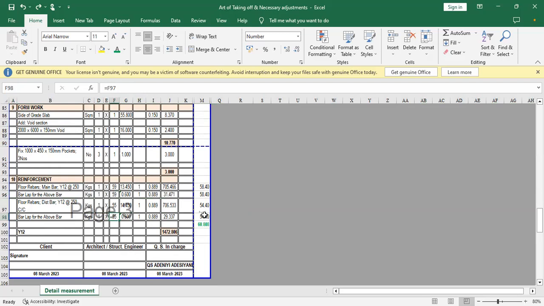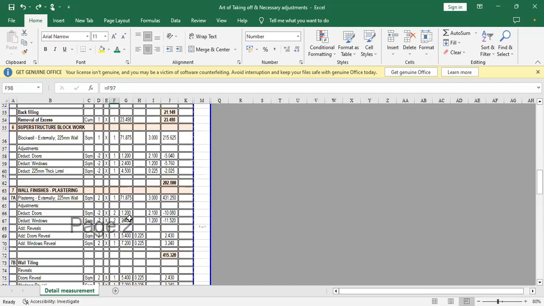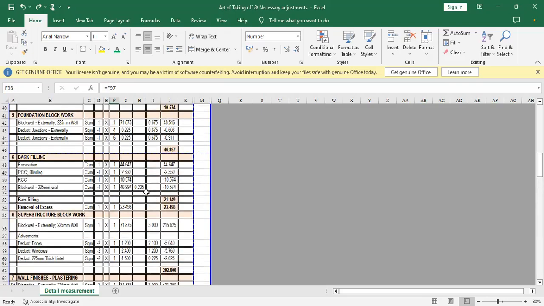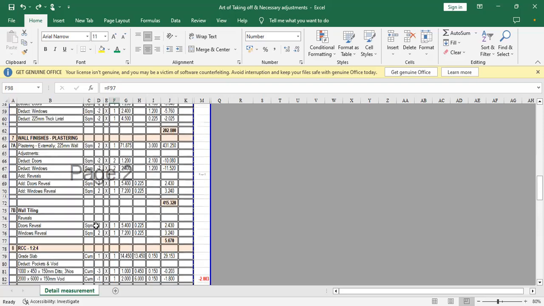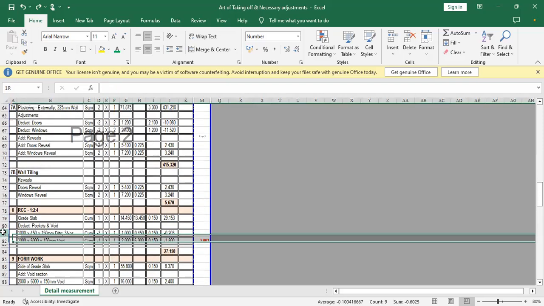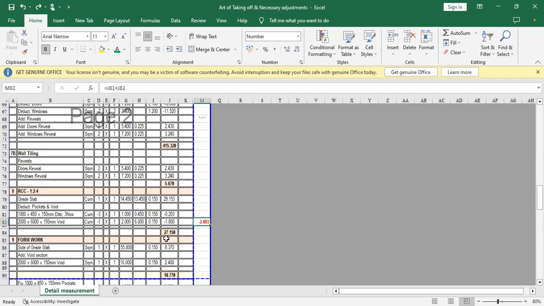So if you consider all these adjustments, for example, if we fail to remove the void and pocket from our grade slab concrete, that means about 2 cubic meter of concrete that the contractor is not supposed to get.